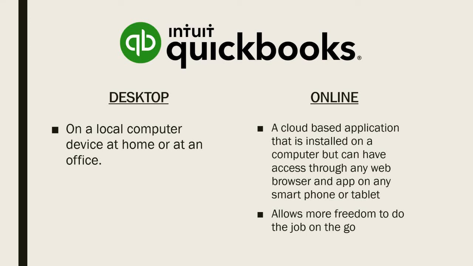Oftentimes you've seen those commercials about QuickBooks apps that you can download for mobile tracking; that's exactly what the online version is. It allows you to log in whether you have a phone or a laptop and you're on the go. You don't have to save everything on the hard drive. It's automatically saved in a cloud-based service.